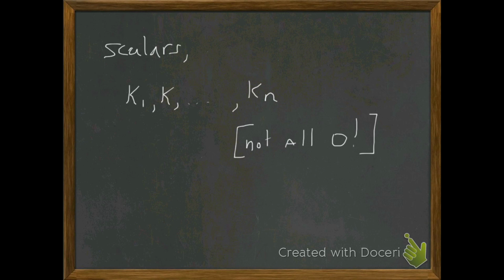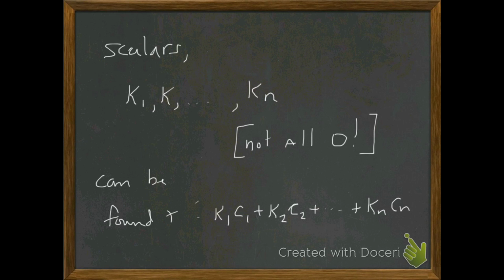If they can be found such that K1C1 plus K2C2 plus up to KnCn equals 0, that indicates linear dependence. And linear dependence, again, is bad.